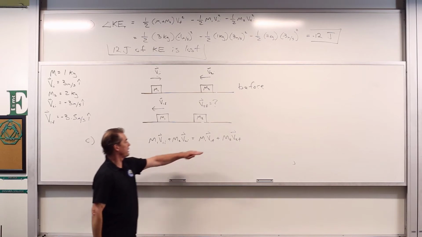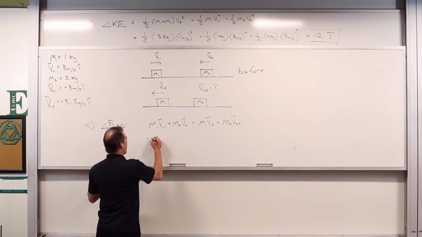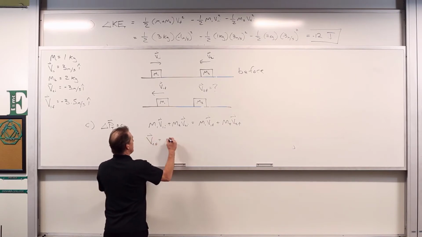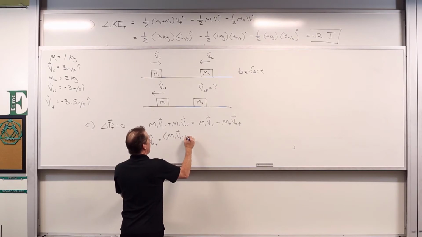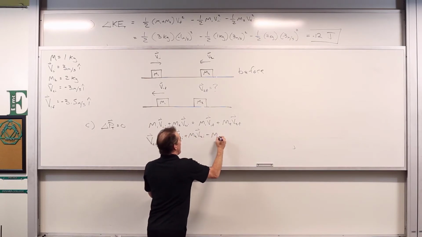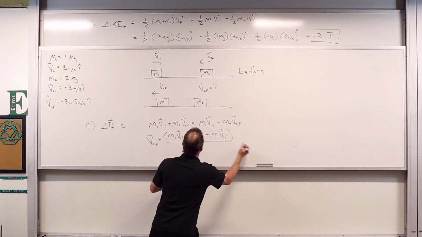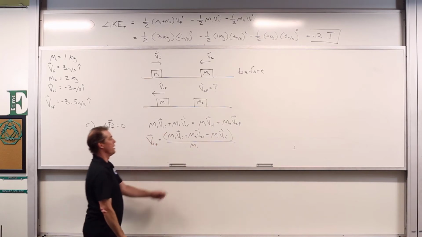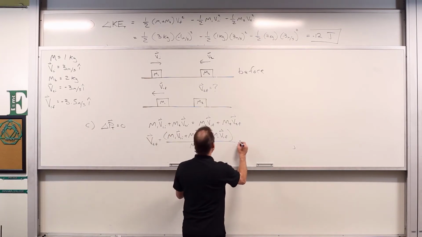We'll isolate it: we can subtract from both sides, divide by M2, and V2 final hat must be equal to the quantity M1 V1 initial hat plus M2 V2 initial hat minus M1 V1 final hat, quantity divided by M2. There we go. So let's compute this out.